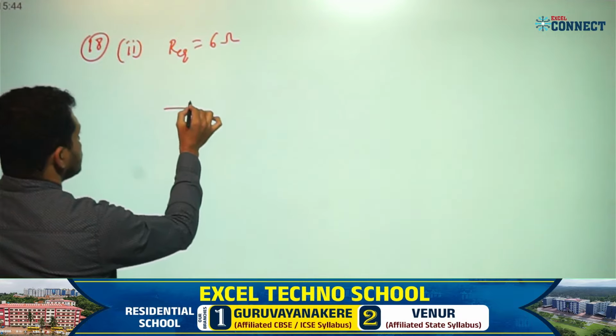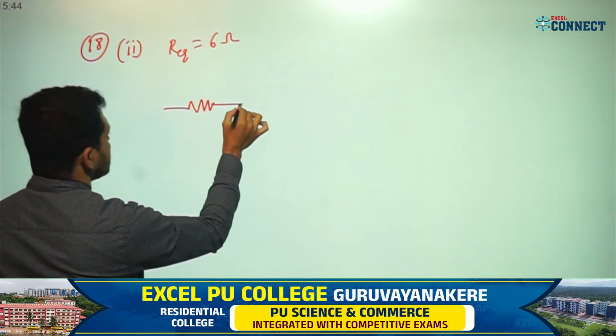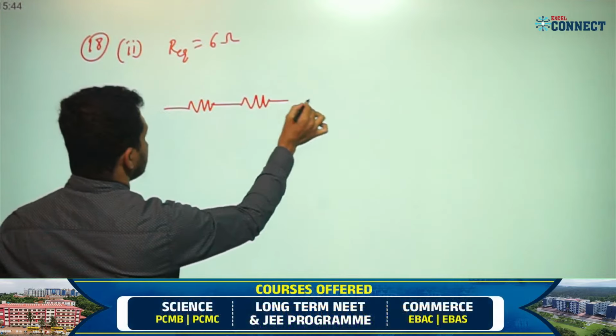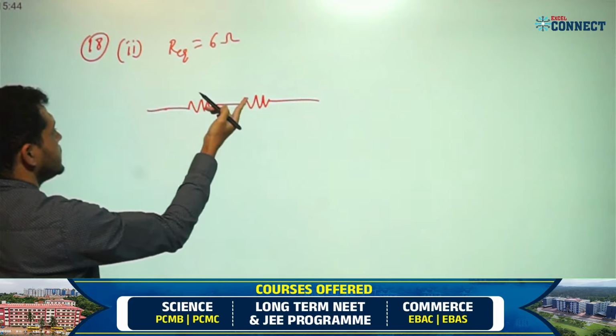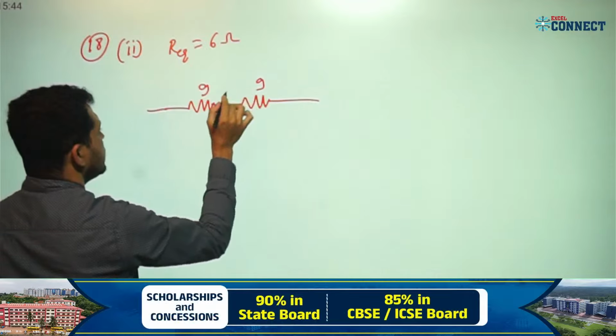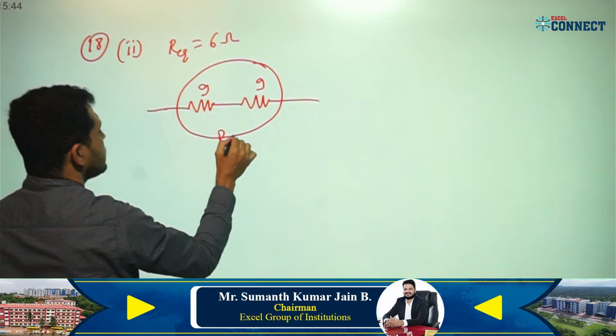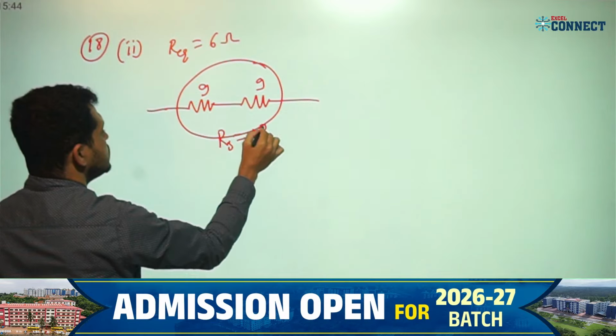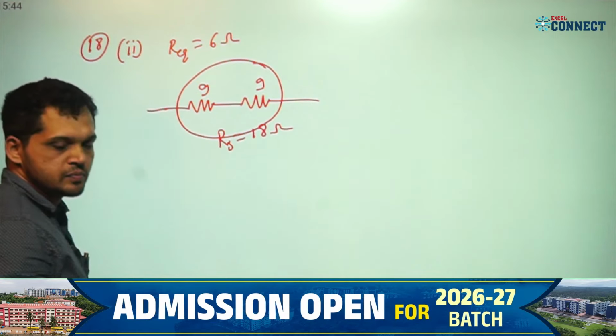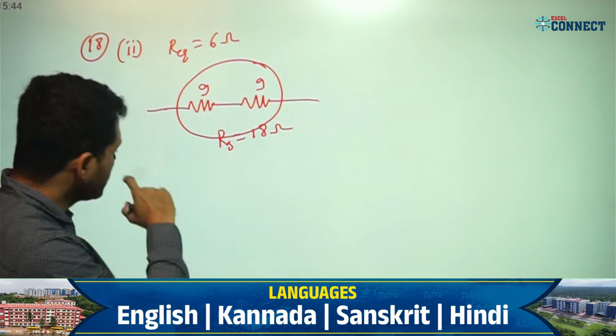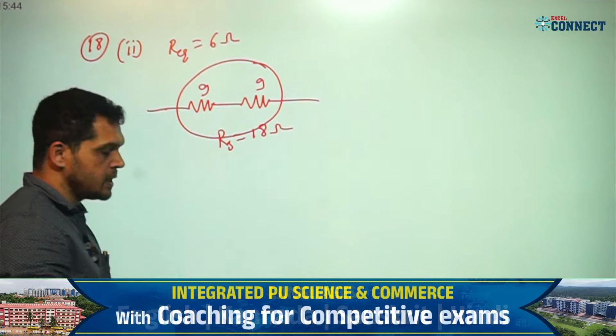If I take two resistors, I will try here. If I connect two resistors in series, 9 ohm and 9 ohm, what is the equivalent? Equivalent RS is 18 ohm. But we have to get a lower value, 6 ohm.